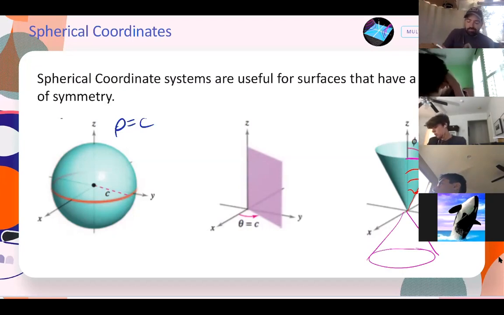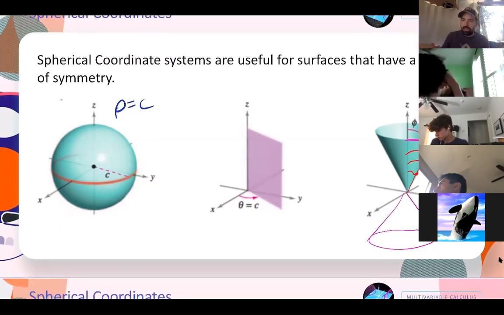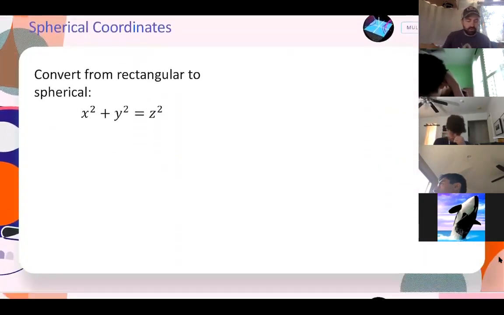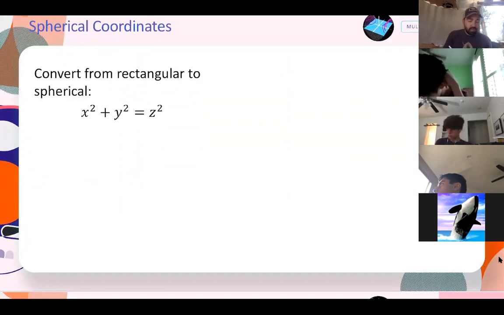So if we don't have something like those things, I don't usually convert to spherical. We don't use it as much because we don't see as many things that are simplified by spherical. But we can convert. So again, this is a cone, from yesterday, which means we should get phi equals a constant, sorry.